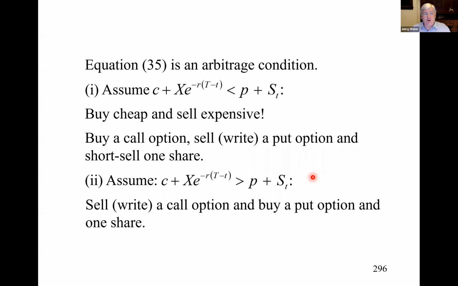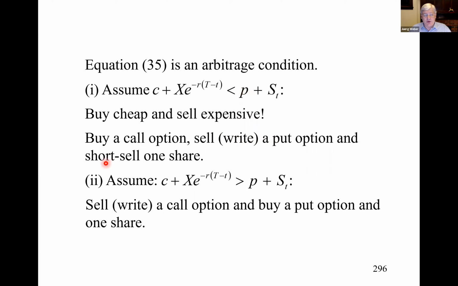It's an arbitrage condition. Let's assume the left side is less than the right side. Always with arbitrage, buy cheap, sell expensive. So here, buy a call option, write a put option, and sell one of the shares.